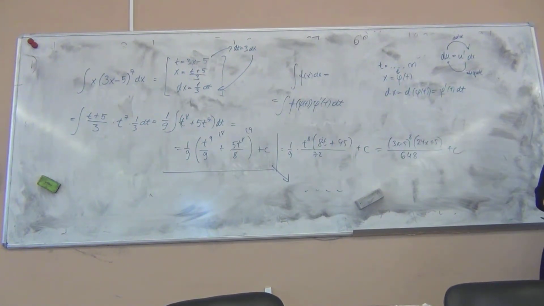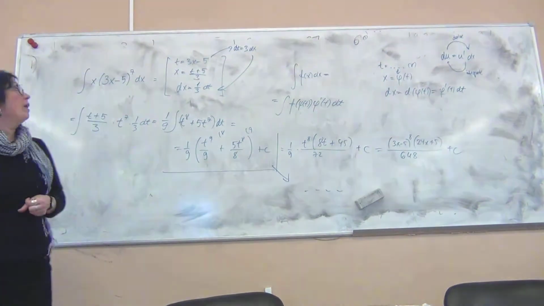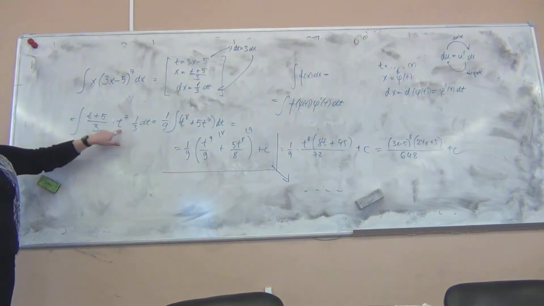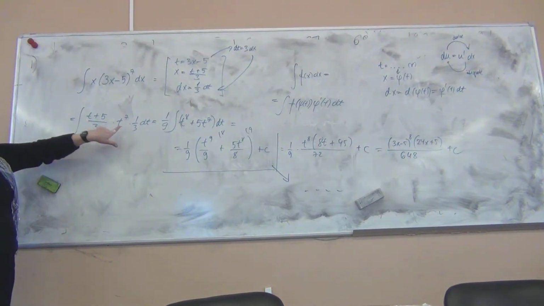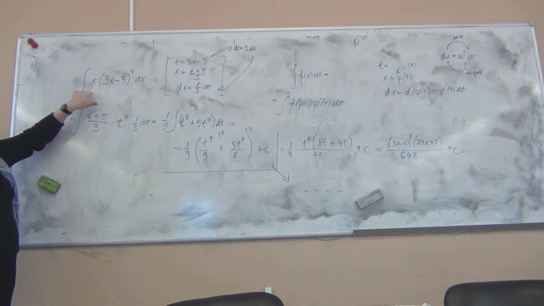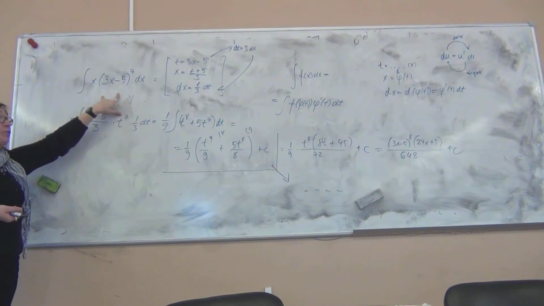So why did we do the substitution? It's obviously because it's much easier to multiply a single power by a sum than a single variable by an unpleasant power of a sum or a difference.